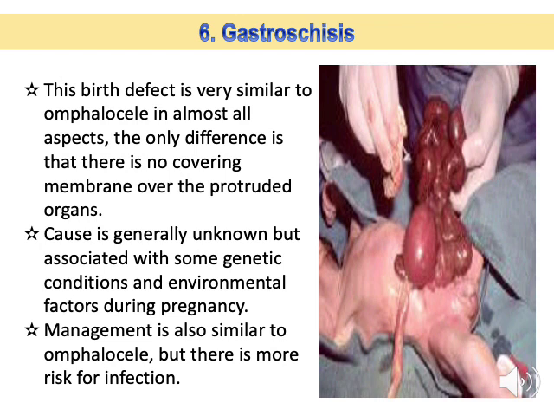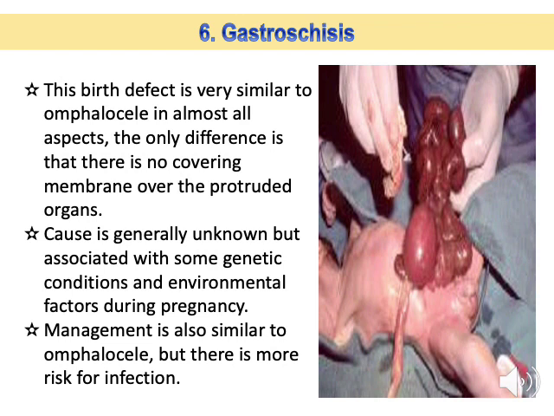Gastroschisis is a birth defect very similar to omphalocele in almost all aspects. As seen in the photo, the protruded organs are also there. The only difference is there is no covering or membrane compared with that of the omphalocele. The cause is generally unknown, but again, it's associated with some genetic conditions and environmental factors during pregnancy.